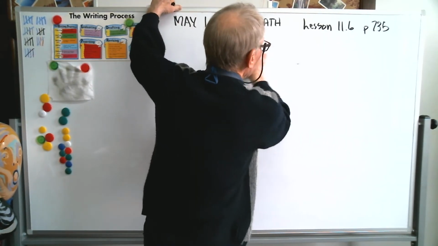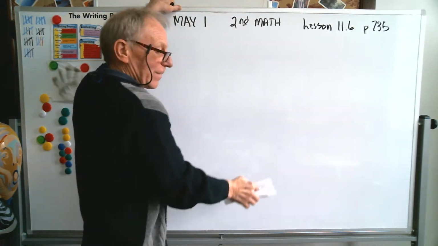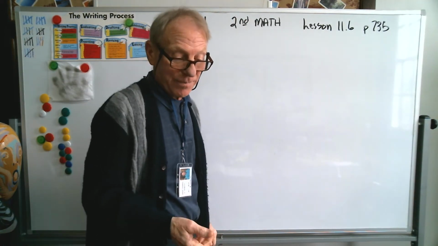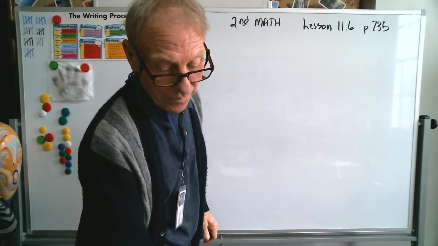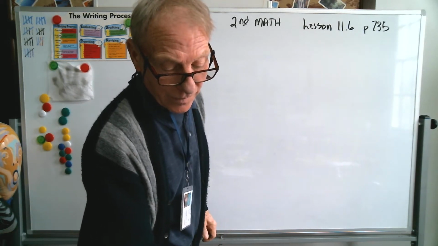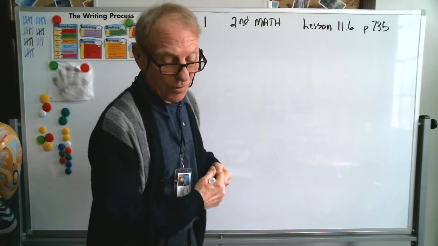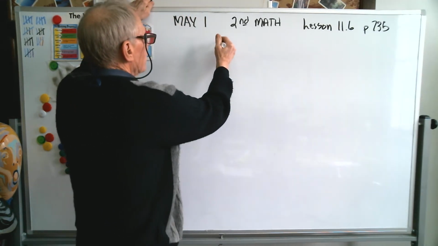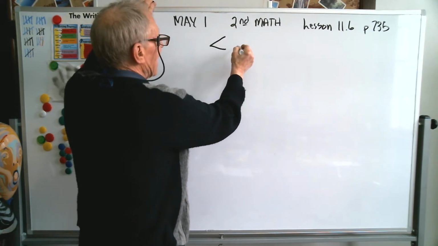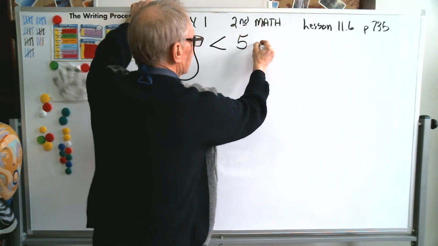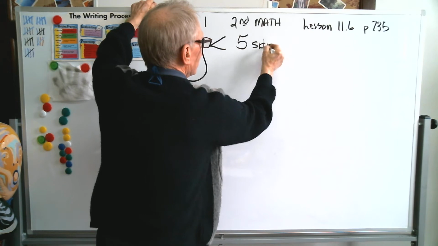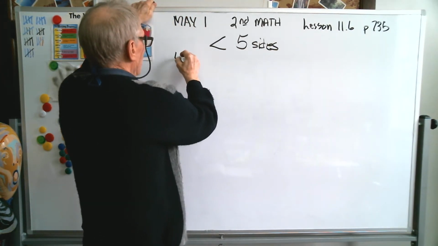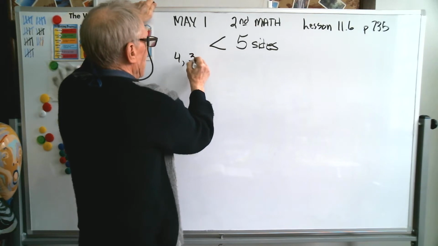Because a shape with 5 angles is going to have 5 sides. So we want to do 3 shapes that match the rule. Fewer, this little symbol here means less than 5 sides. So that means anything 4-sided, 3-sided.